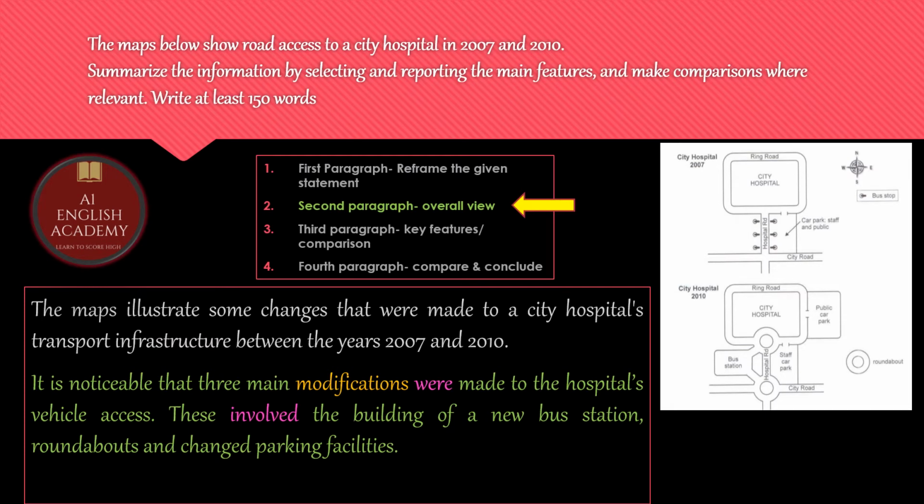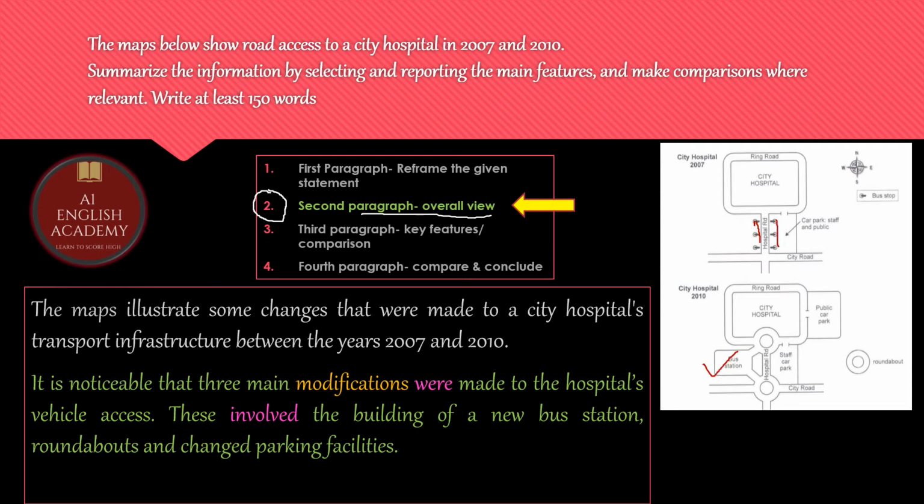Now we will begin with the second paragraph. Here we have to mention the overall view, and I told you overall view means that at first glance what major changes we noticed, we will write about them. Let's have a look at the maps. So what you can note, okay, the first change is about the bus stops. Earlier there were bus stops on either side of the road, and then one big bus station is there.